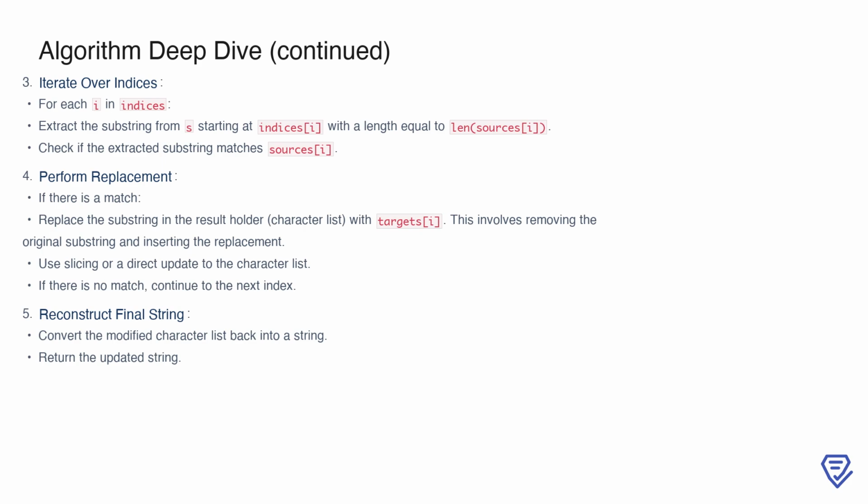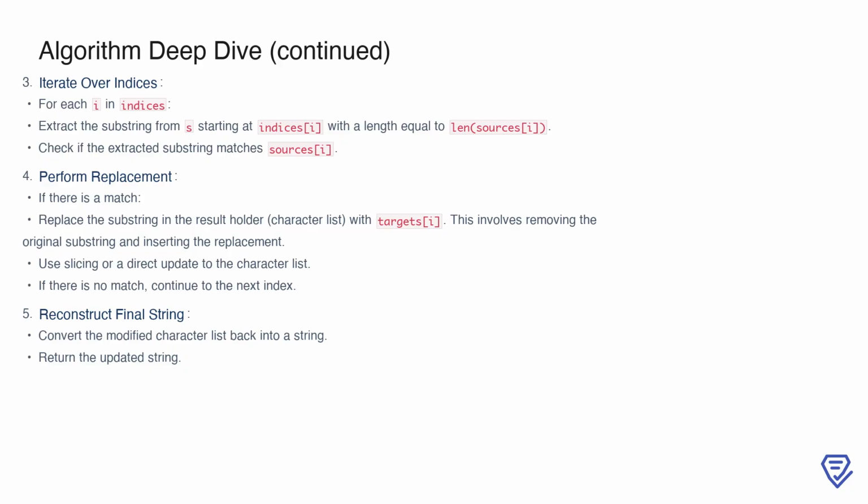Next, we proceed to iterate over each index in the indices array. For each i, we extract the substring from S starting at indices[i], with a length equal to the length of sources[i]. We then check if this extracted substring matches sources[i]. If it does, we perform the replacement in the result holder, which involves removing the original substring and inserting the corresponding targets[i].